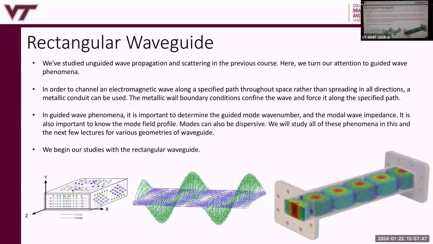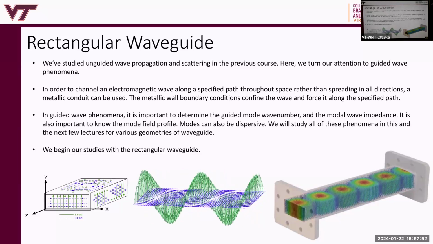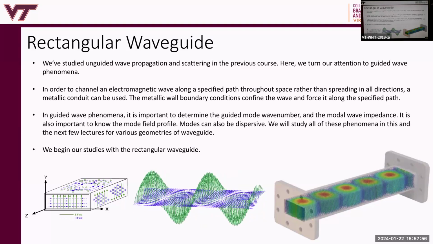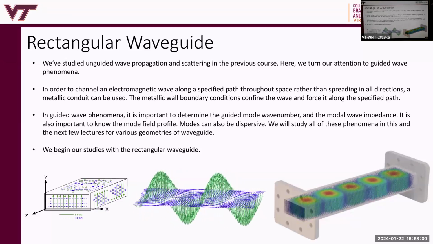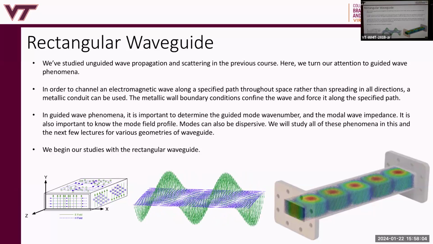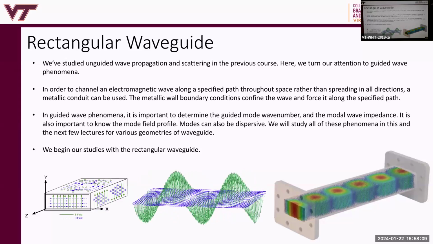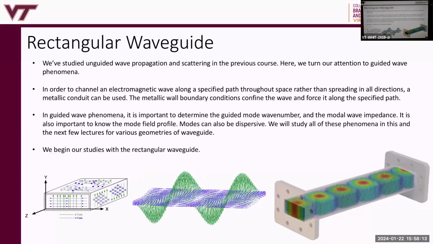Also, if you have a reactive impedance, then that means E and H are not in phase. If they're 90 degrees out of phase, that can imply... Does it also mean evanescent or no? Yeah, it's associated with evanescence in the z direction. We'll see some more of that today.